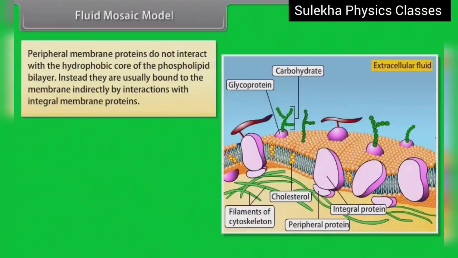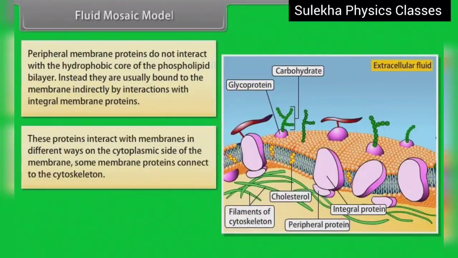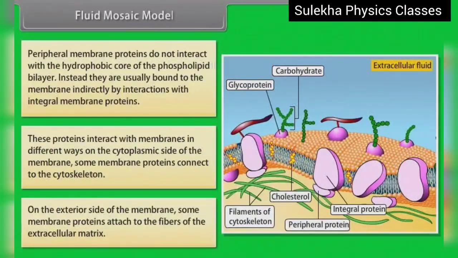Instead, they are usually bound to the membrane indirectly by interactions with integral membrane proteins. These proteins interact with membranes in different ways on the cytoplasmic side of the membrane. Some membrane proteins connect to the cytoskeleton. On the exterior side of the membrane, some membrane proteins attach to the fibers of the extracellular matrix.